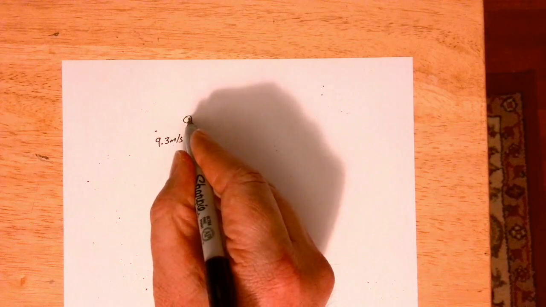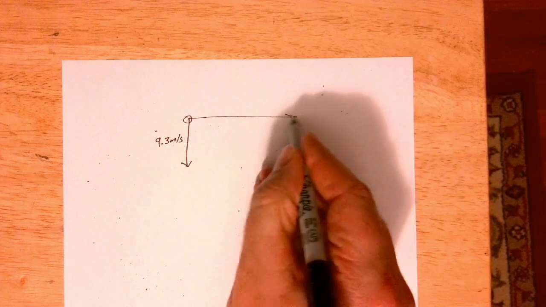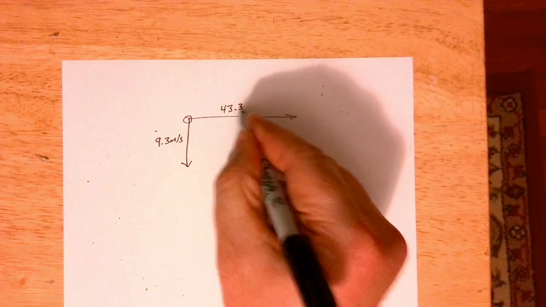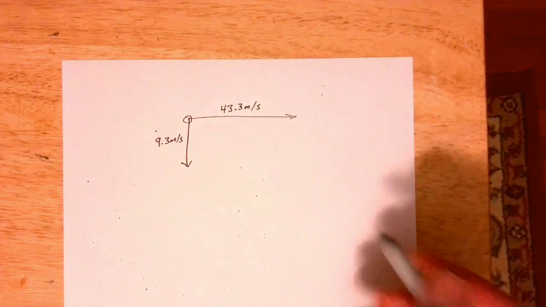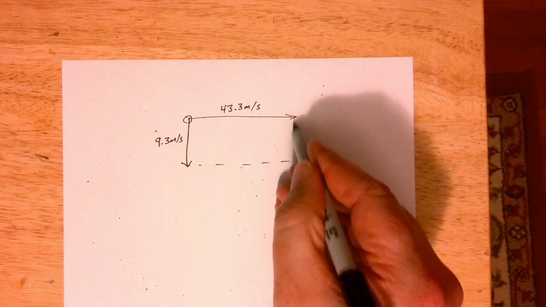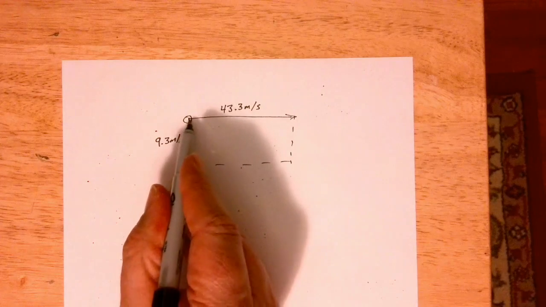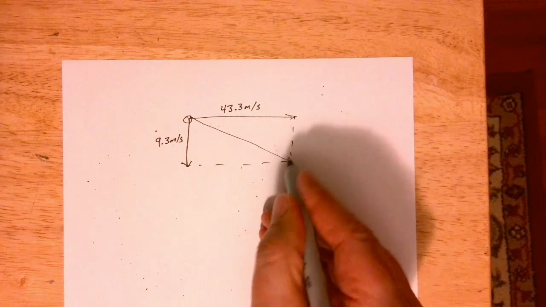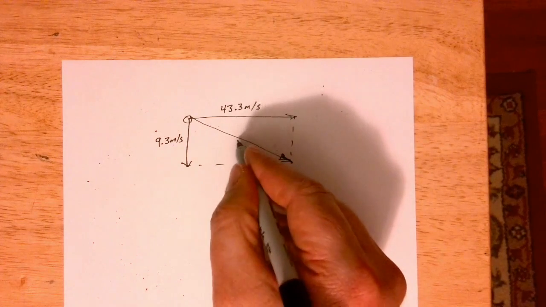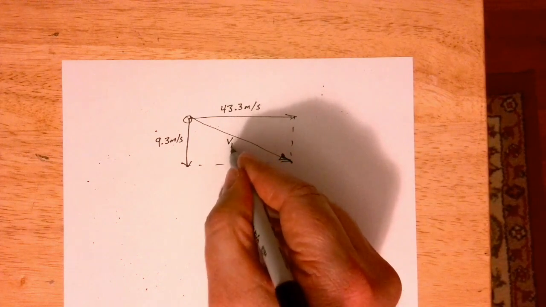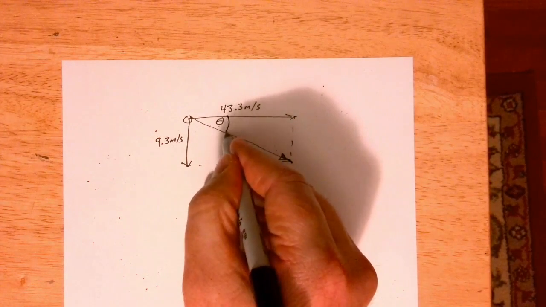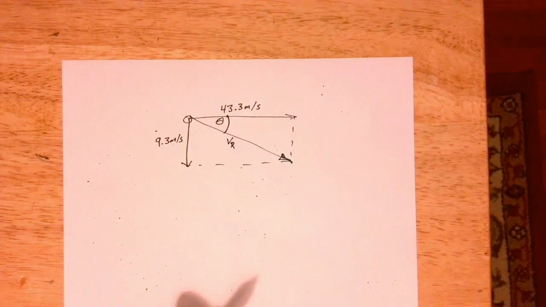And horizontally, if you remember, the velocity does not change. So it remains at 43.3 meters per second. We're going to break this down into its x and y components. Pretend that's a straight line. Actually, I didn't do so bad on that one. We're going to solve for the resulting velocity and the angle below the horizontal.